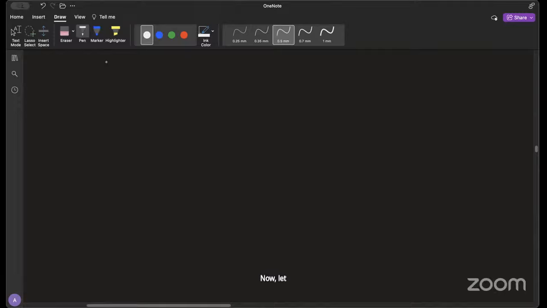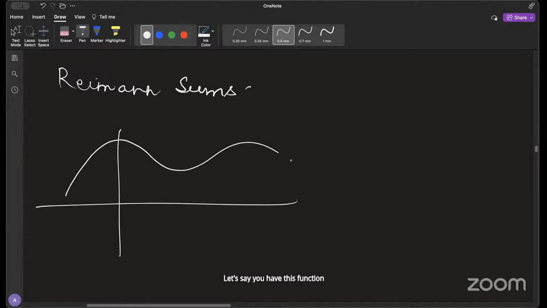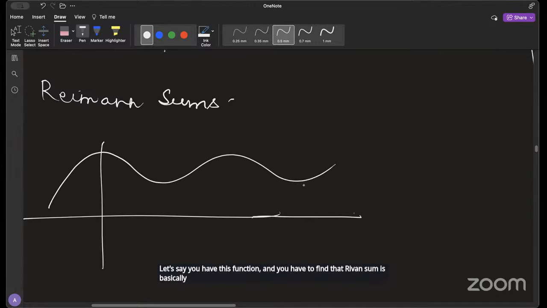Now let's come to areas. How do you find the areas and Riemann sum and all? So let's start with Riemann sums. Let's say you have this function, and there are some things given to you for the Riemann sum.